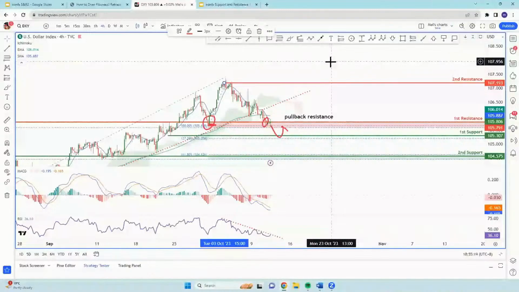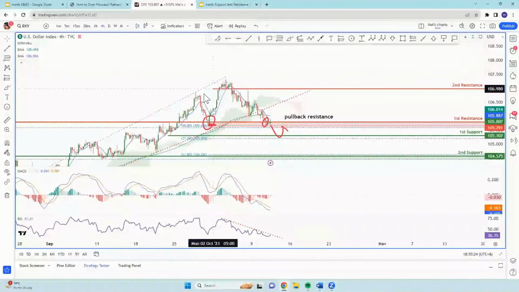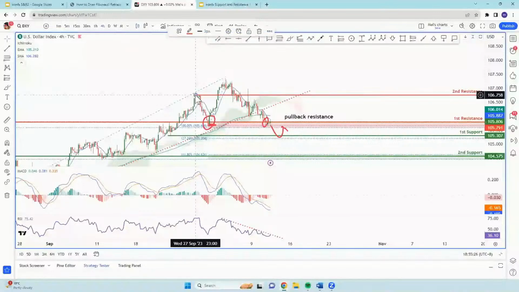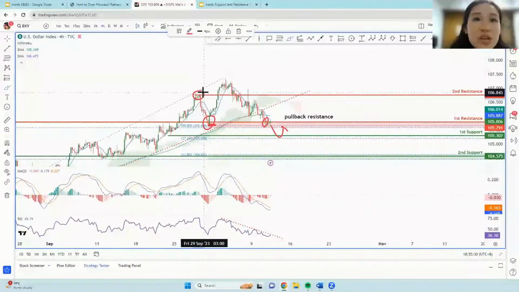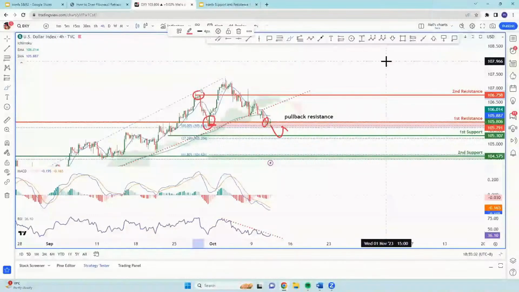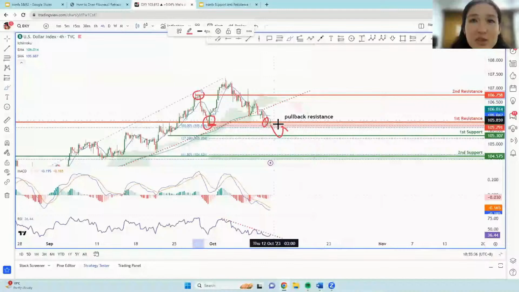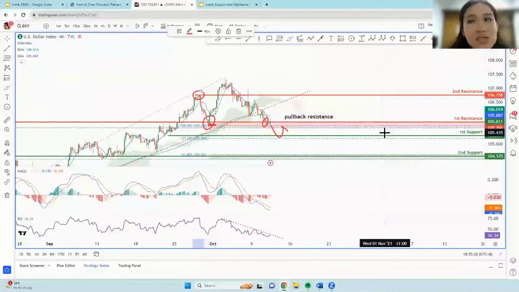But why did you bring the resistance to the edge? Is that the edge or neck? Because of the swing high here. Yes. I prefer it a little bit closer to my current price. Current price is here, so I prefer it slightly lower.